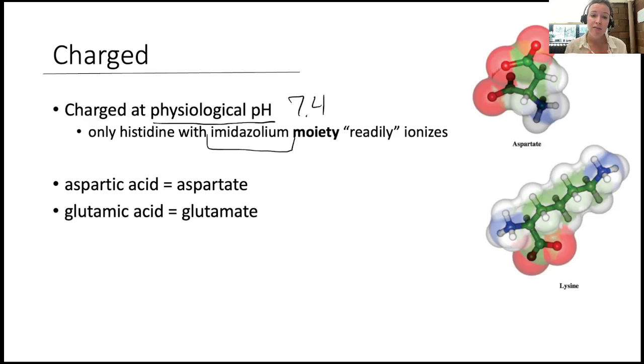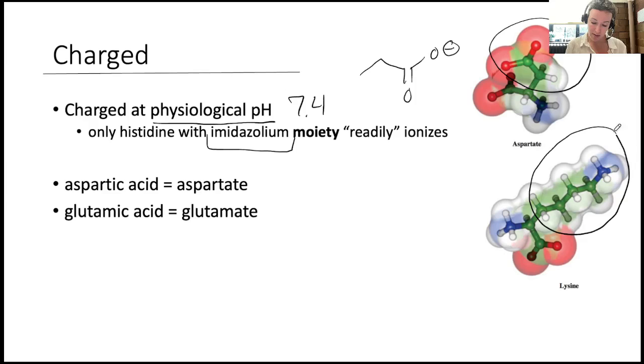On this slide, I have two examples for our R groups. We have the R group of aspartic acid, which I will commonly refer to as aspartate. Its R group has a carboxylic acid functional group, which is why you see a lot of that red electron density, really pulling those electrons there.